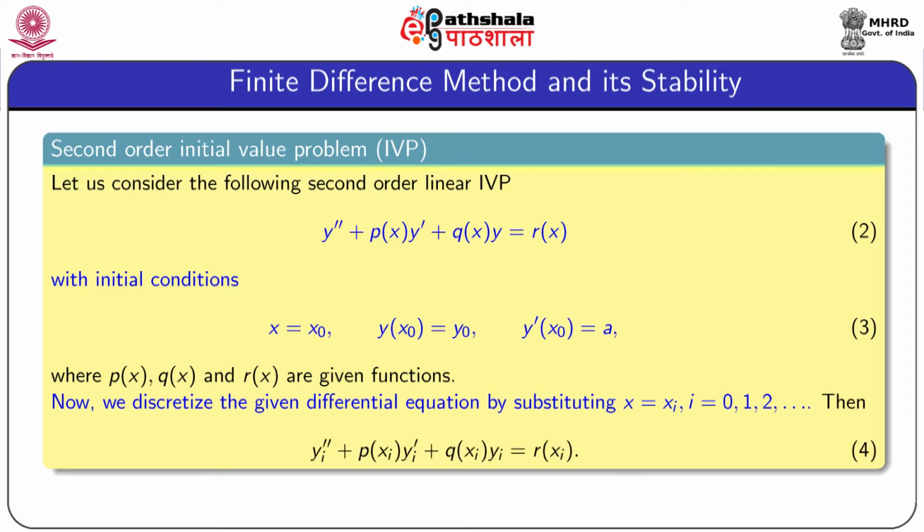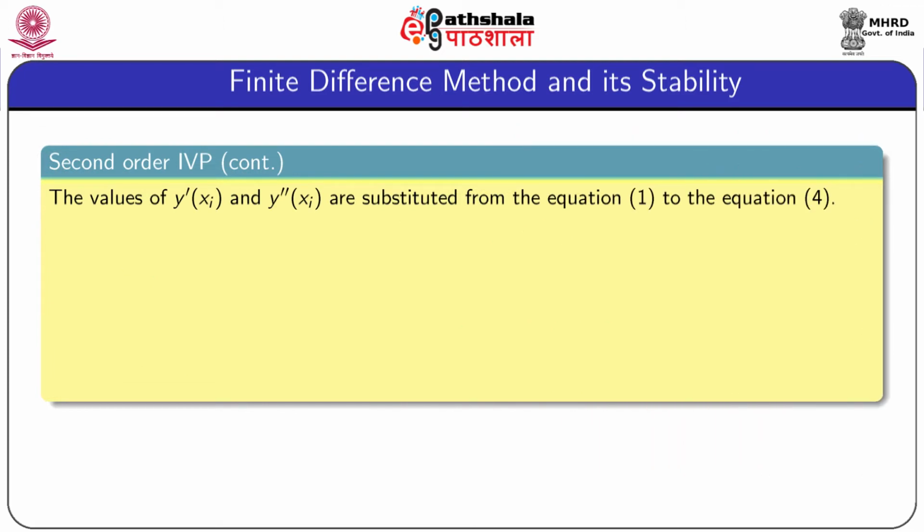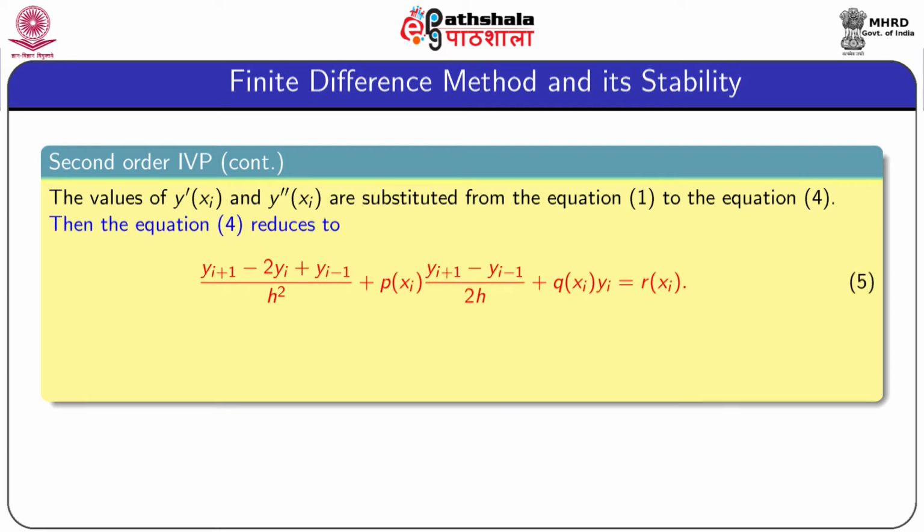Then the discretized equation is given by equation 4, that means the second derivative of y at xi plus p(xi) into the first derivative of y at xi plus q(xi) into yi equal to r(xi). Now, we substitute the values of the first derivative and second derivative from equations 1 and 2 into the given differential equation. Then equation 4 reduces to equation 5.